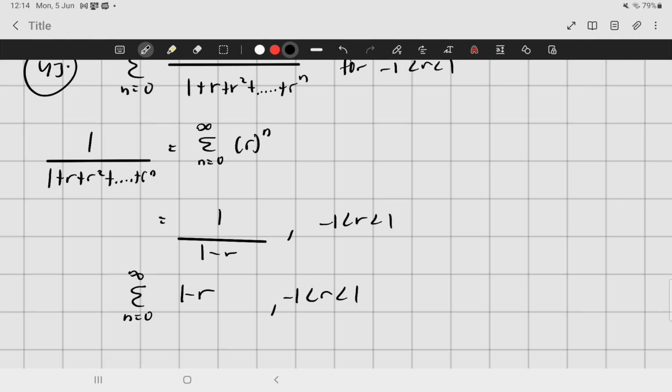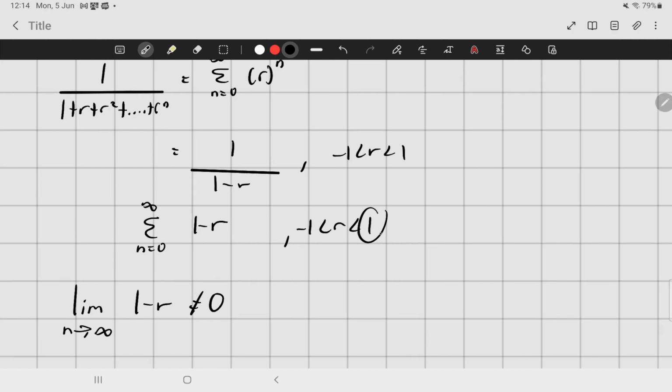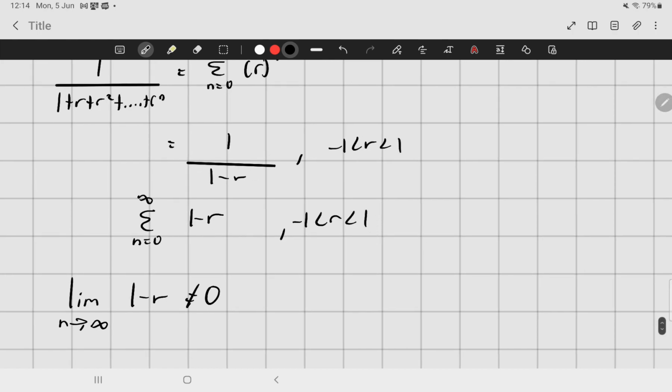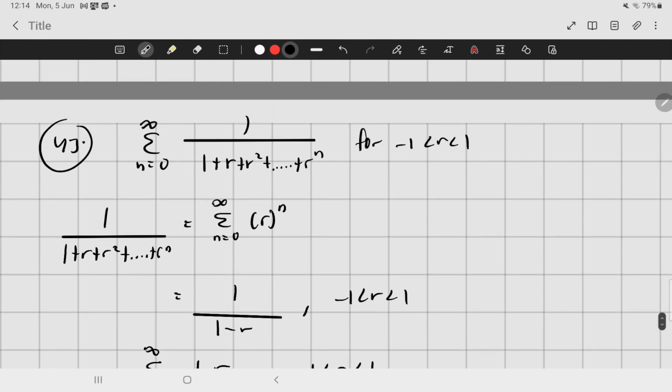When you take the limit, n-term test, this doesn't equal 0 because our r will not be 0, because r is not 1. If it's 1, that is 0. But in this case, the inequality shows that 1 and negative 1 are not included, therefore it doesn't make it 0, therefore it diverges.